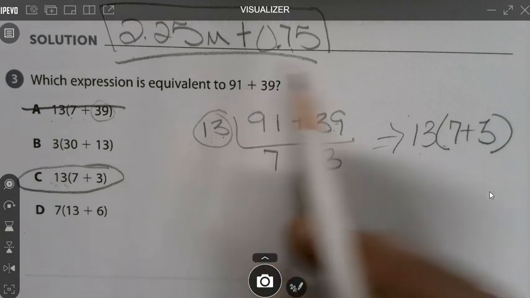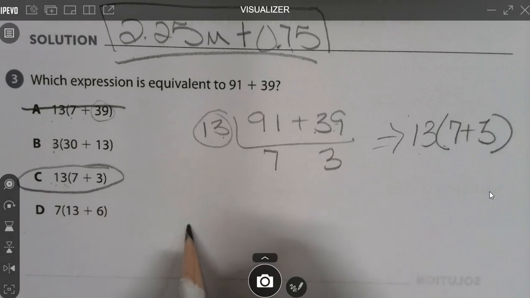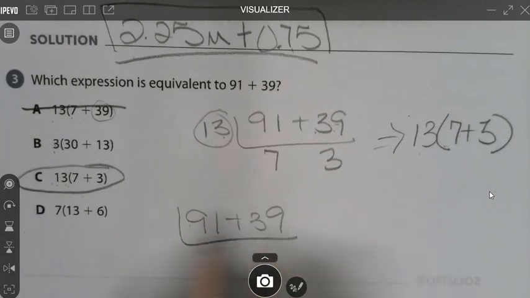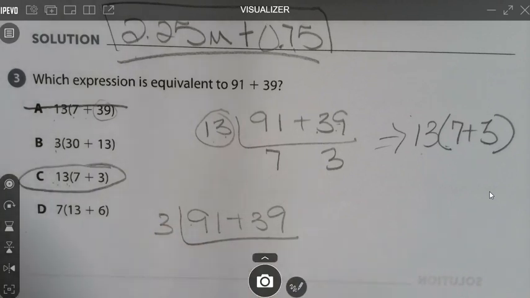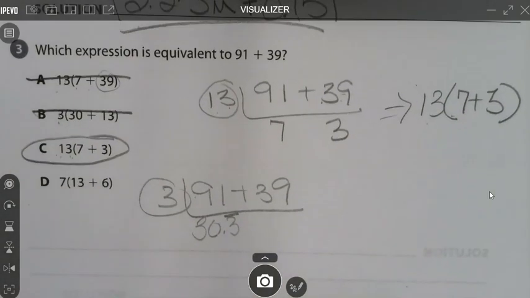And then this is 3, and then this is 7. So let me try 91 plus 39. Pull out a 3. Can I divide 91 by 3 and get a whole number? No, I'd get 30.3 repeating. So that, remember, I have to have a whole number.